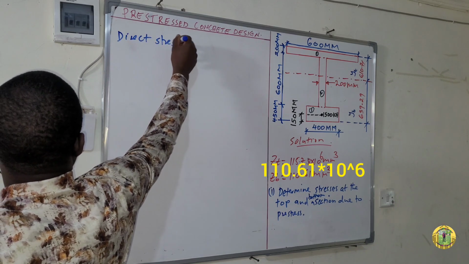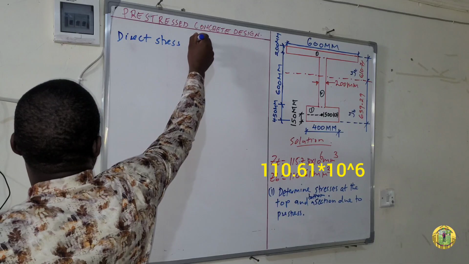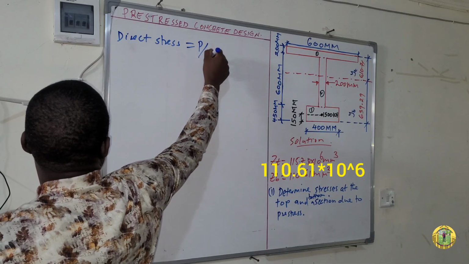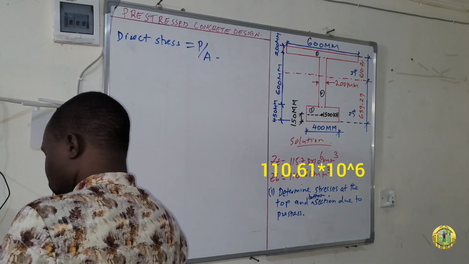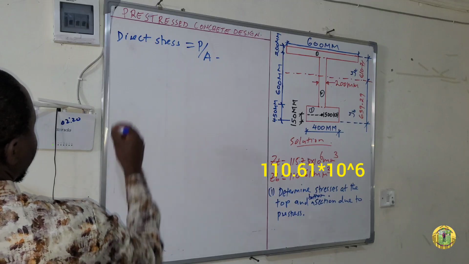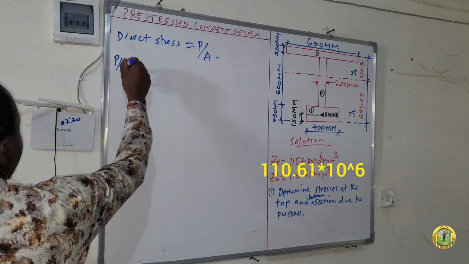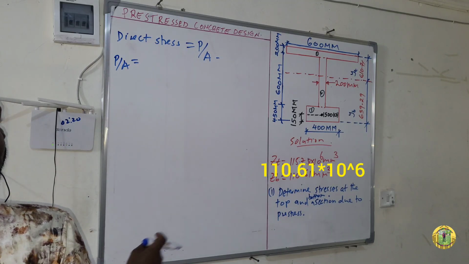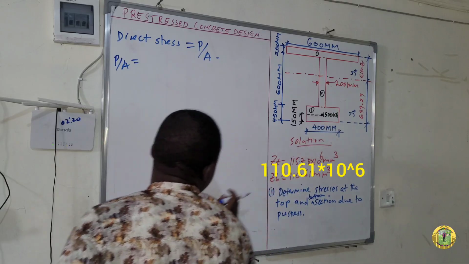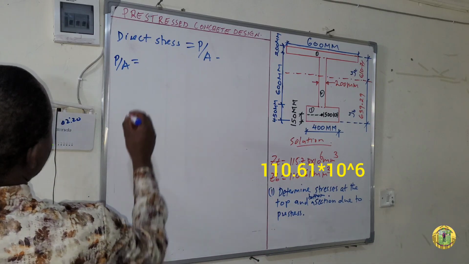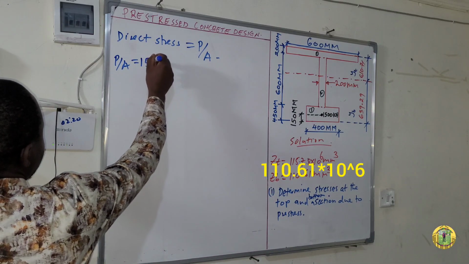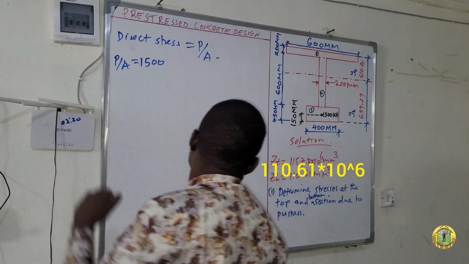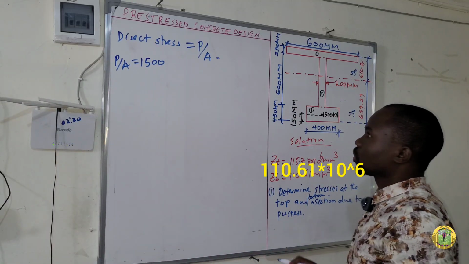Direct stress is equal to P over A. Our P, as you can see, is 1500 kilonewton, not 15, 1500 kilonewton.